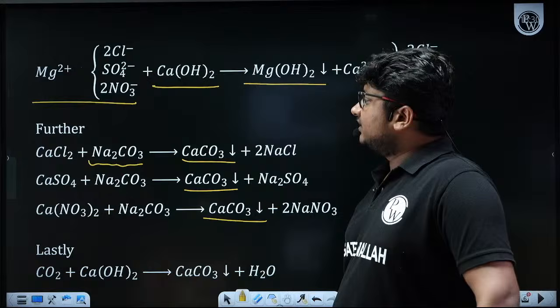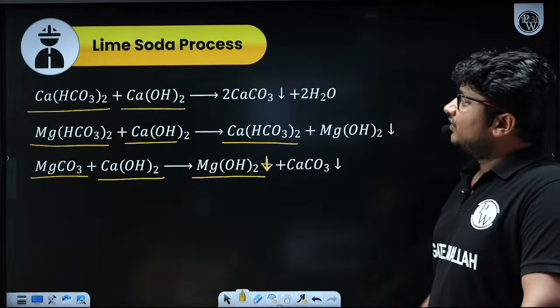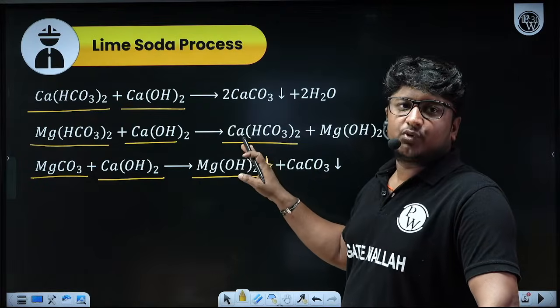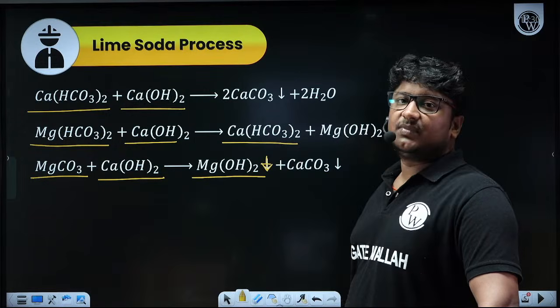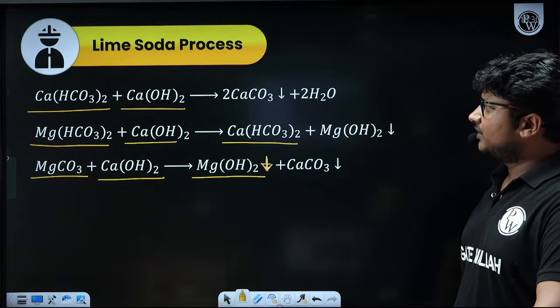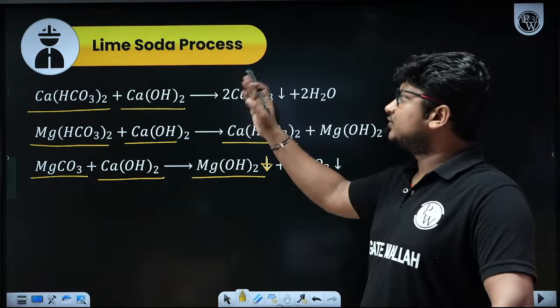So this is about the lime soda process. With only lime, you can remove the temporary hardness, but if lime and soda are combined, that is what we call the lime soda process.